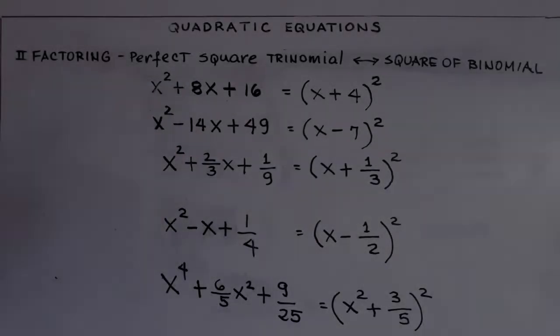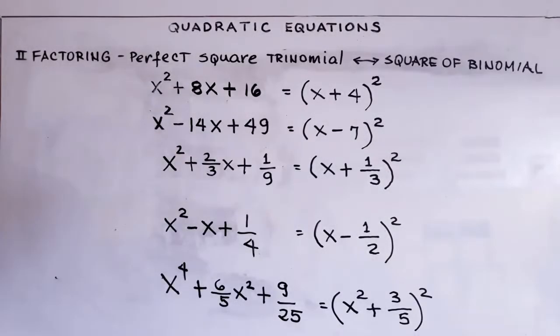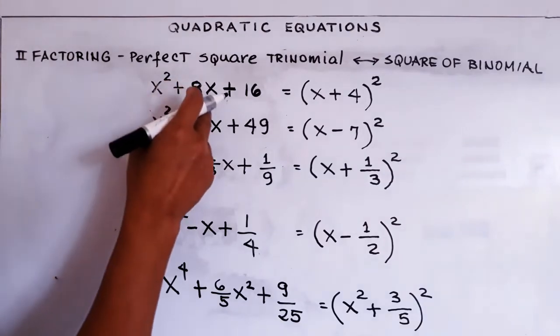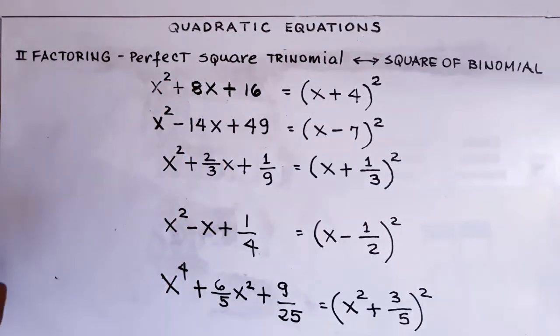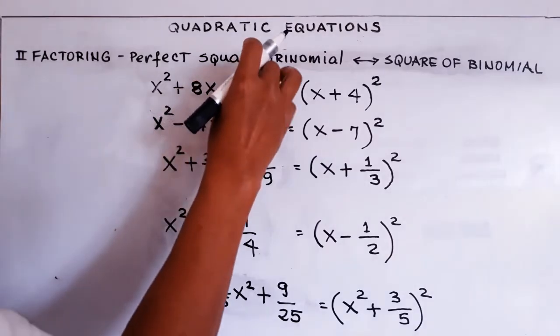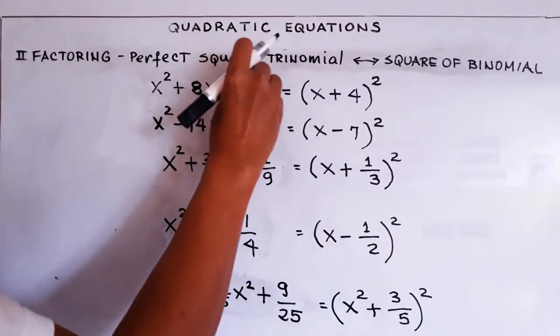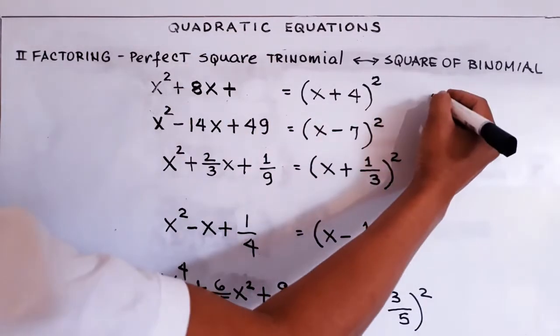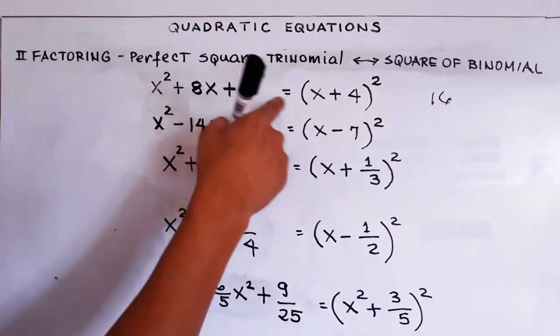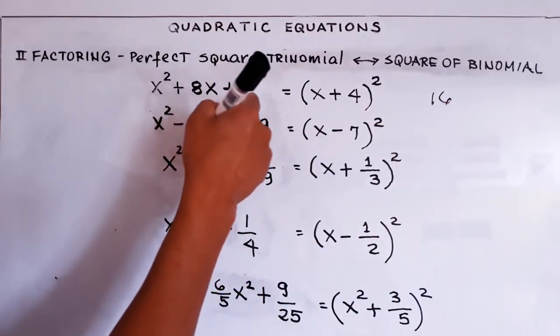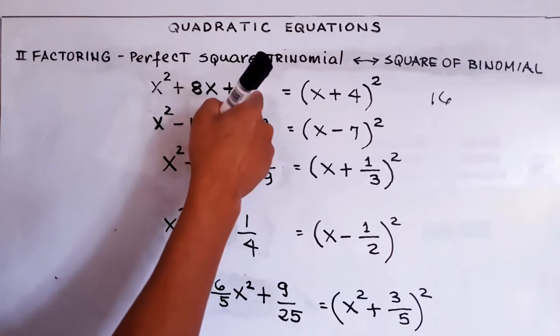How do we know if this one is really a perfect square trinomial? To determine whether a trinomial is a perfect square, let us say that we don't know the number here. We know that that one is 16. To determine whether that one is a perfect square trinomial, we should know the number here.